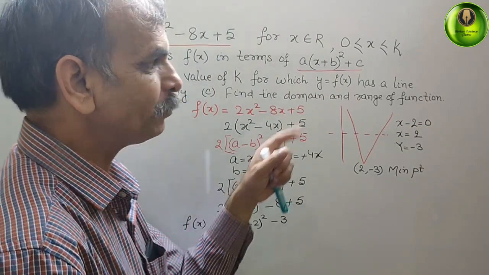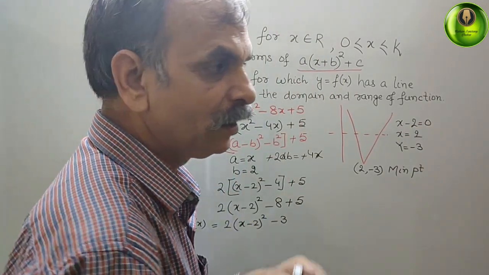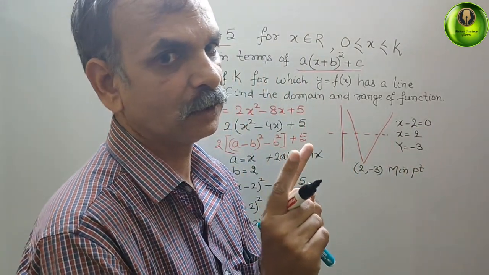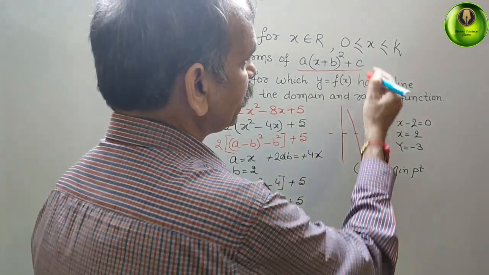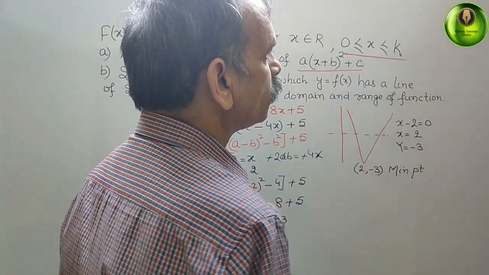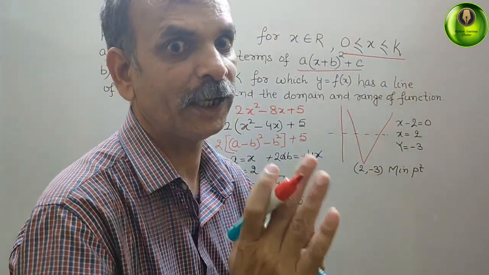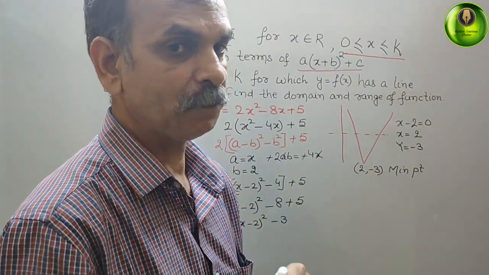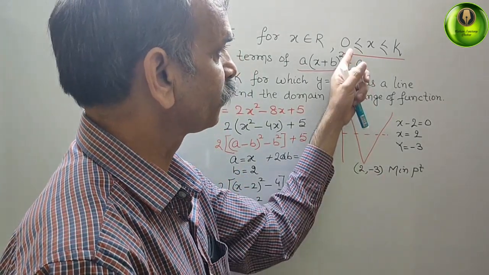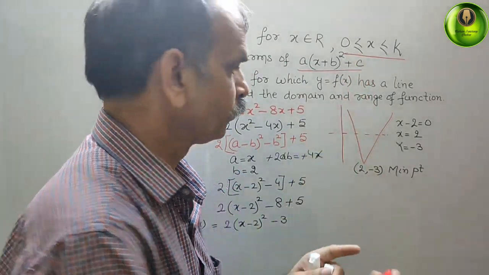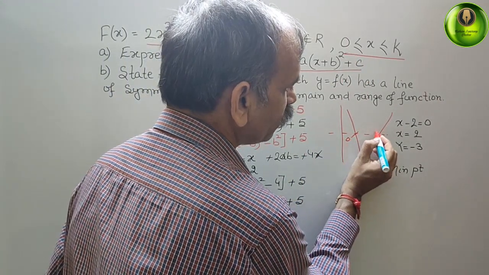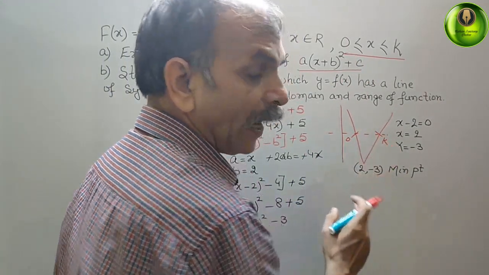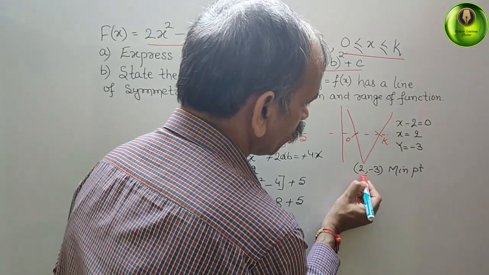Now they have told the symmetry. In symmetry we will get two values of x. Just see the domain: they have given 0 and last is k. It means that one value is 0 and the other value is k, and the mean is nothing but your 2.